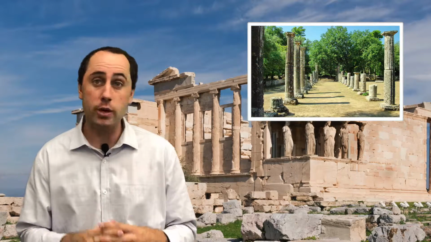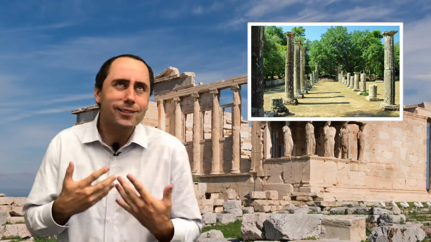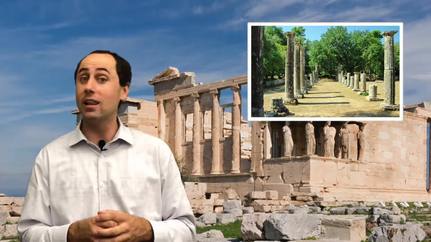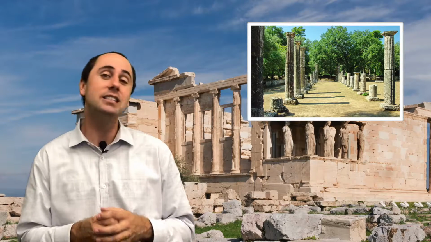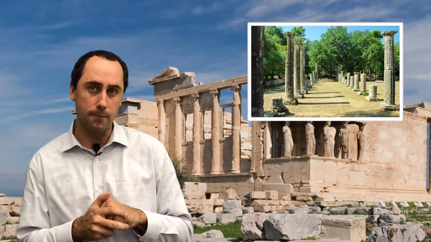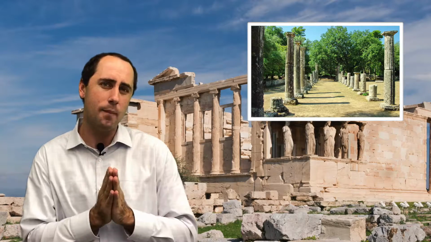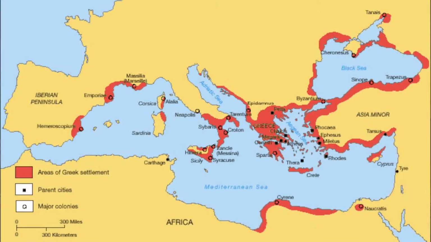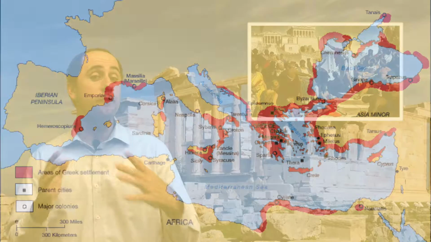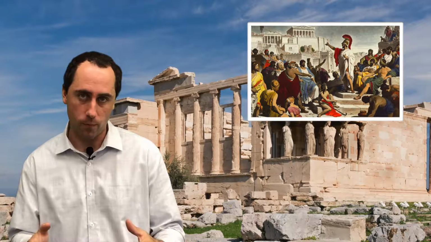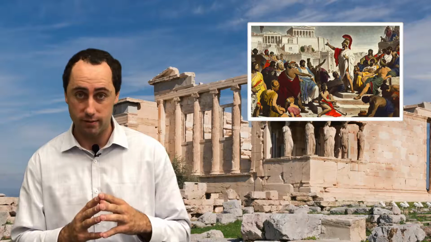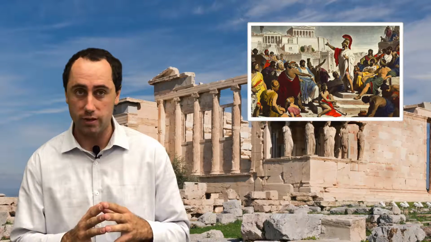In the 8th century BCE, city-states like Athens and Sparta were established, and the first Olympic Games were even played in the year 776 BCE. It was around this time that Greek culture expanded into modern-day Italy, Spain, Turkey, and the coastline of the Black Sea. 508 BCE, however, was when Greece made its most important discovery: democracy.